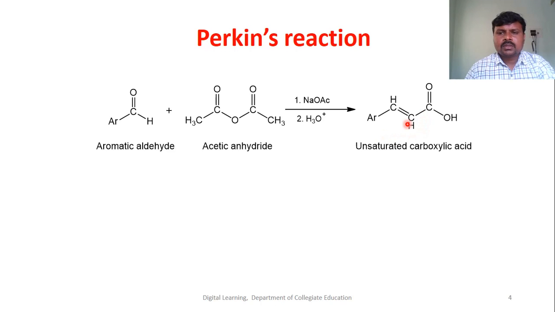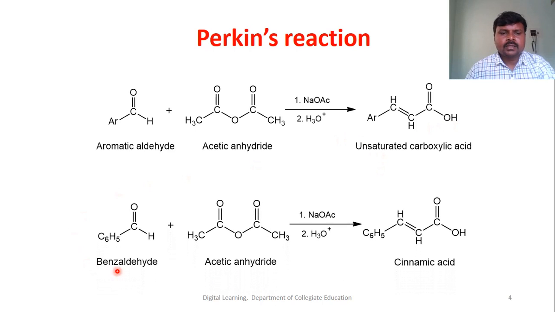Unsaturation means the compound contains C double bond C. Additionally, this compound contains a carboxylic group. So this is known as Perkin's reaction. For example, benzaldehyde, an aromatic aldehyde, reacts with acetic anhydride in the presence of sodium acetate followed by acid hydrolysis to give cinnamic acid, which contains a carbon-carbon double bond and a carboxylic group.